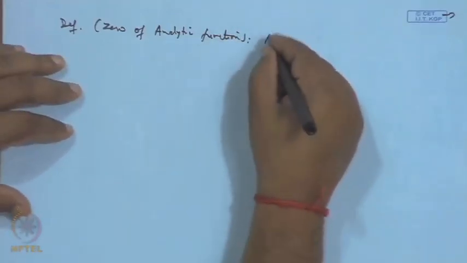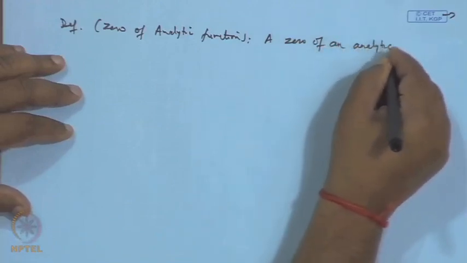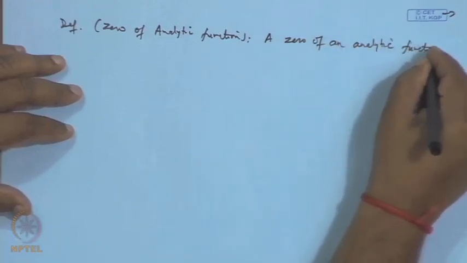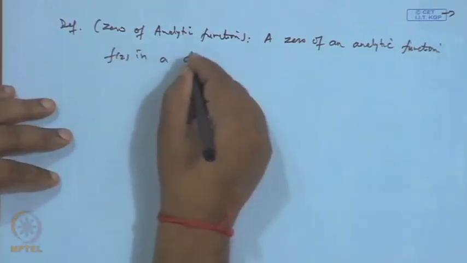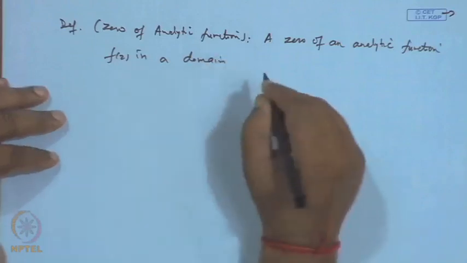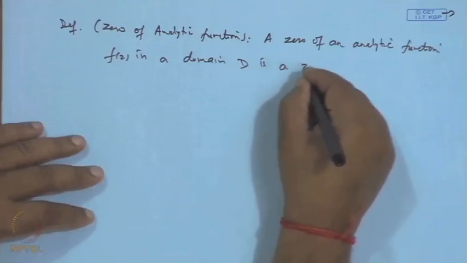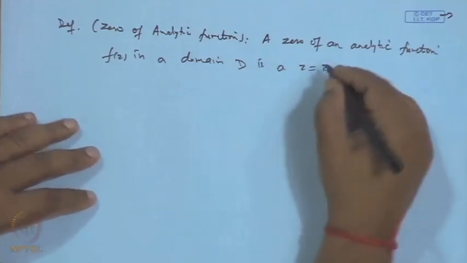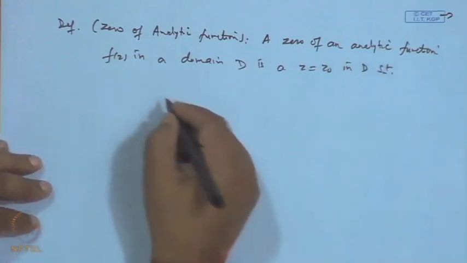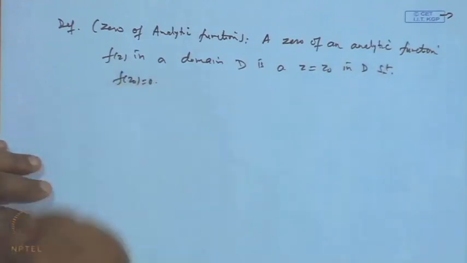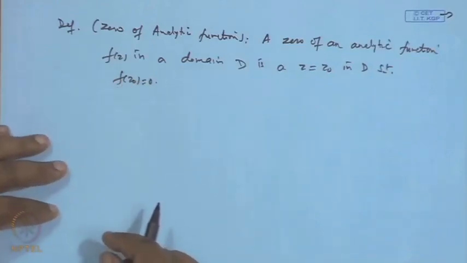A zero of an analytic function f(z) in a domain D is a point z equal to z naught in D such that f of z naught is 0. When the function vanishes at the point, then the point is said to be a zero of that analytic function.